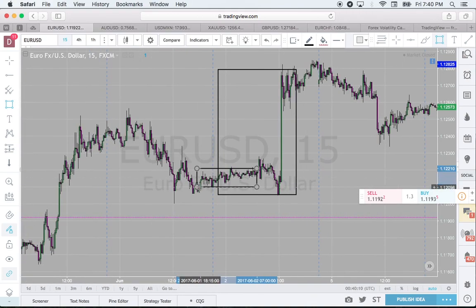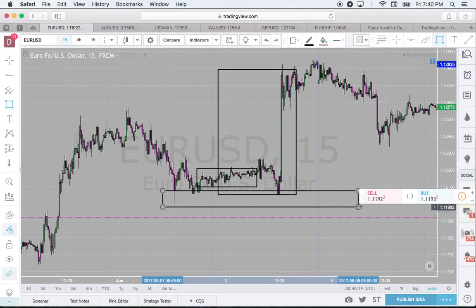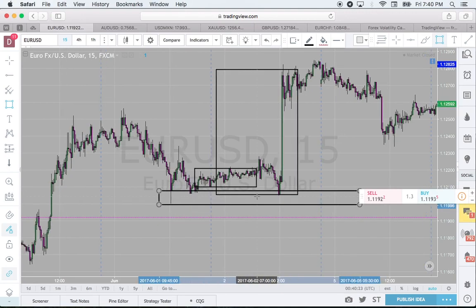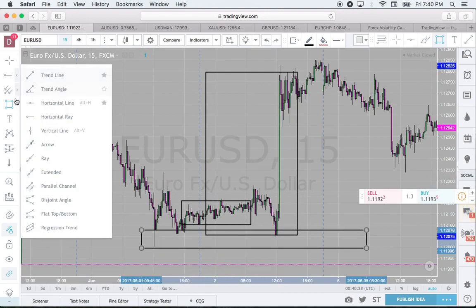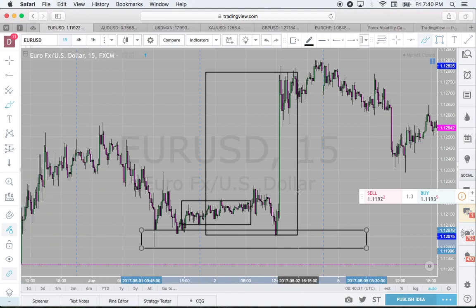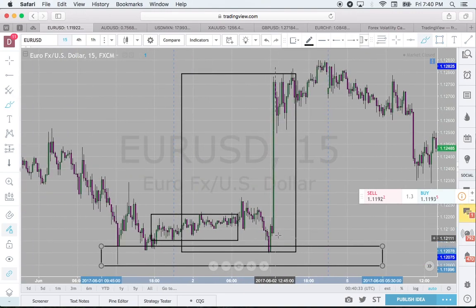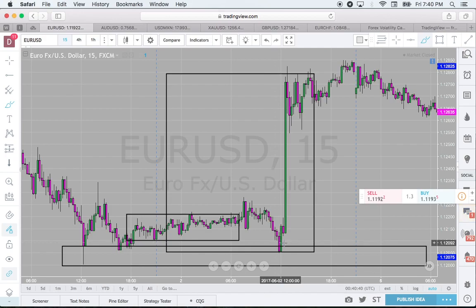We can see the low of the previous day has trapped orders in this area, in this range, right? In this zone. So, upon seeing this stop hunt to the low, that railroad track to the low, we buy.